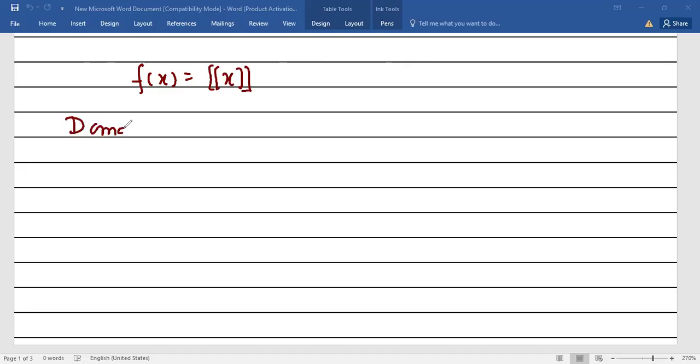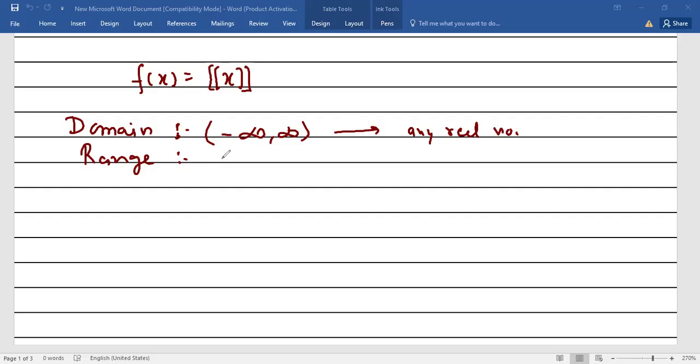What will be the domain? There is no restriction, right? Anything you can write, so minus infinity to infinity. What is the range? The range will also be minus infinity to infinity, right? No, it can be only integers, both positive and negative.